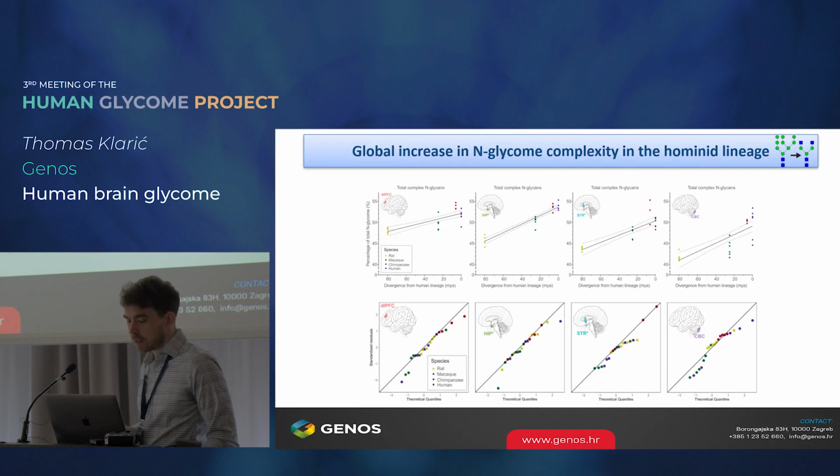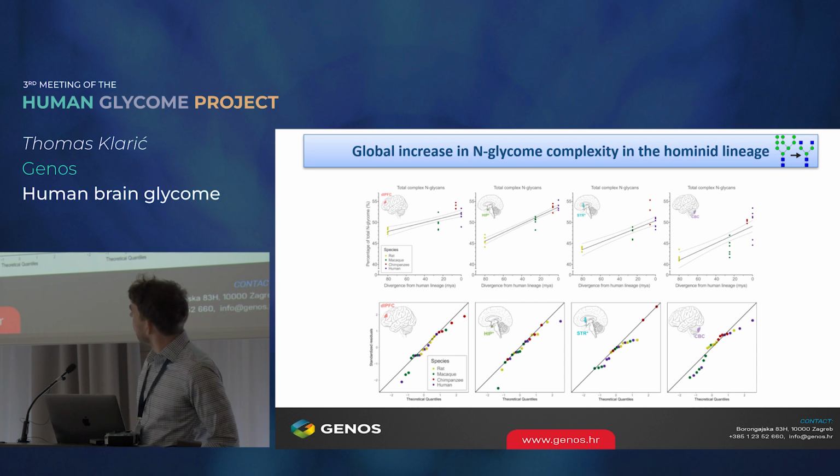The final evolutionary trend I'm going to talk about is this gradient in complexity. So here we're looking at the PFC, the dorsolateral prefrontal cortex, and we can see that as we move from rats to hominids, there's been a gradual linear increase in the abundance of complex N-glycans. And this was true not just for the PFC, but in all of the regions we investigated. So it seems to be a global trend, a brain-wide trend in increased N-glycan complexity.